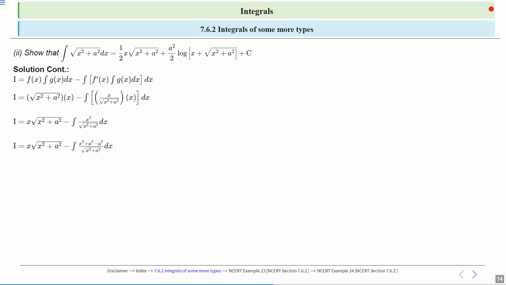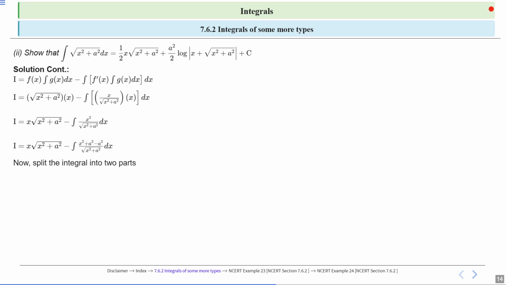So now we use a manipulation such that we can integrate x square by root under x square plus a square. At first we split it into two terms such that it can be converted into a standard form.